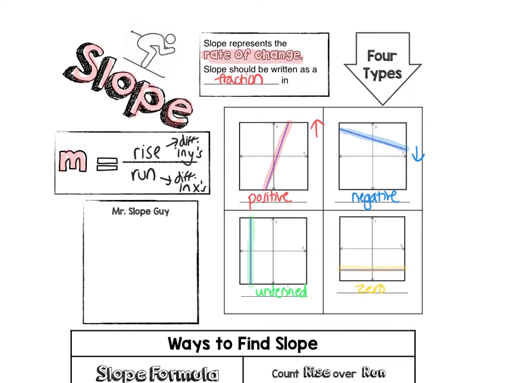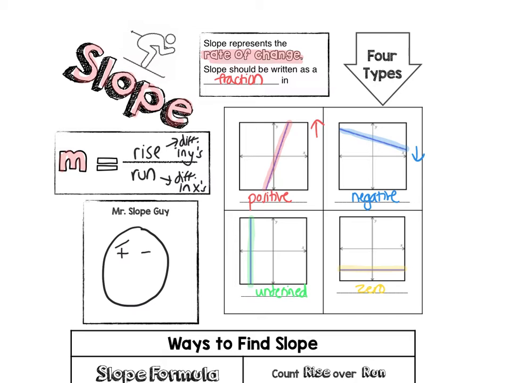In order to remember the 4 types of slopes, I'm just going to quickly show you a Mr. Slope guy, and this is something that you could always write on your paper. If you can't remember the positive, negative, undefined, or zero slopes, you can use Mr. Slope guy to help you out. A positive slope goes up from left to right.